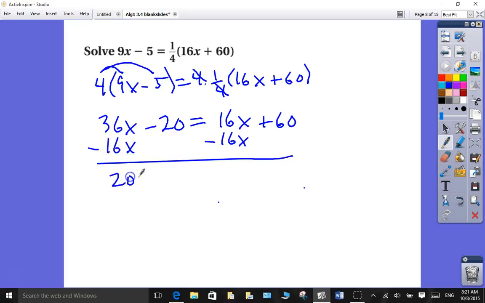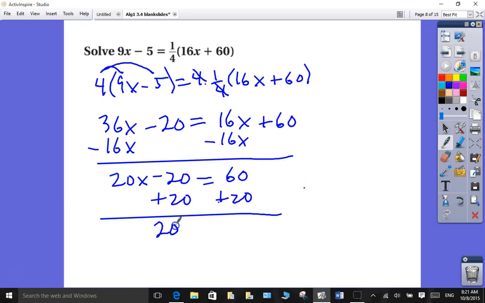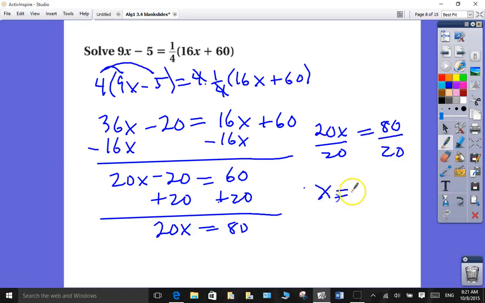So this is 20x minus 20 equals 60, plus 20, plus 20. 20x equals 80. 20x divided by 20 equals 80 divided by 20. X equals 4.